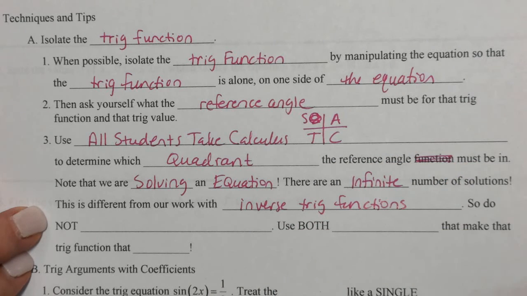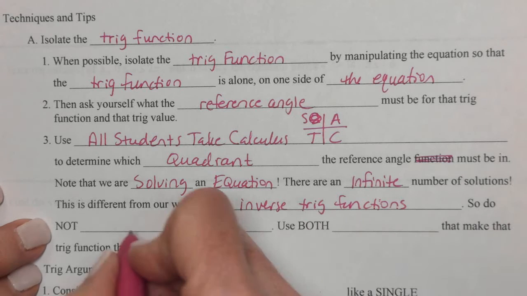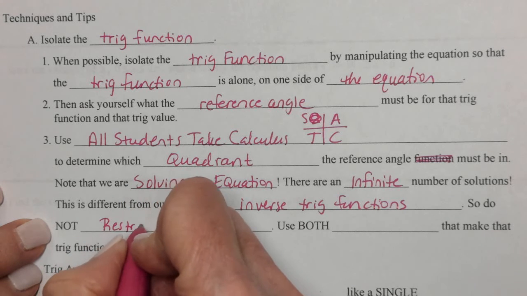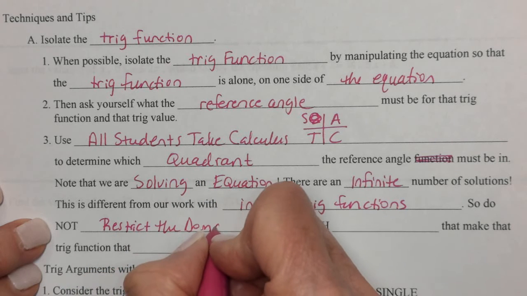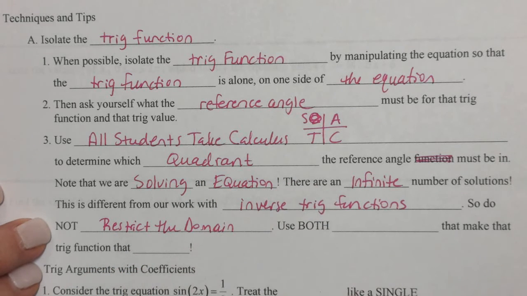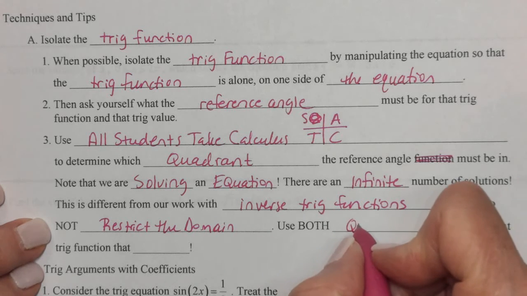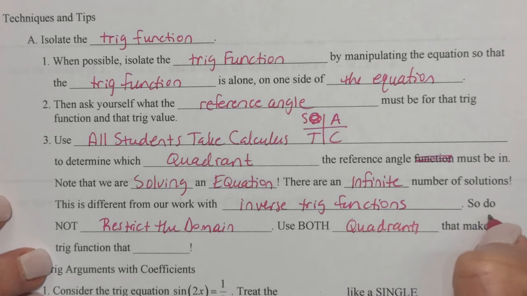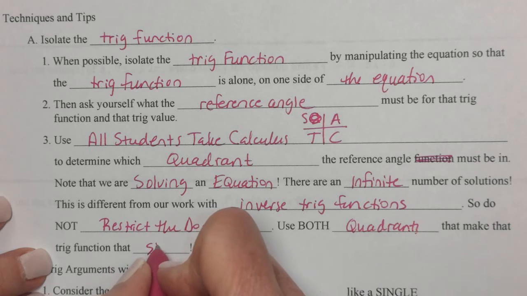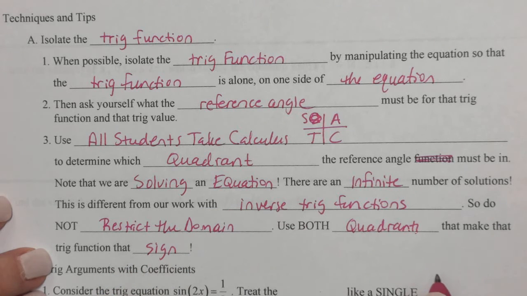So you do not restrict the domain, which means you're not going to have that quadrant 3 black hole. This is not inverse trig functions because we are solving an equation. We need to use both quadrants that make the trig function, thus whatever sign the value that we're dealing with is.